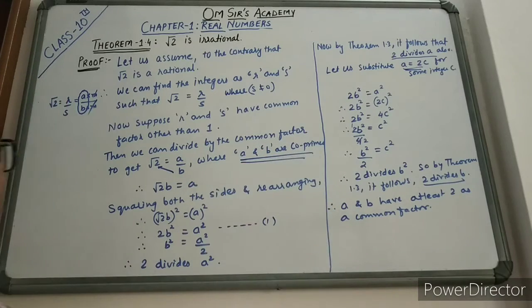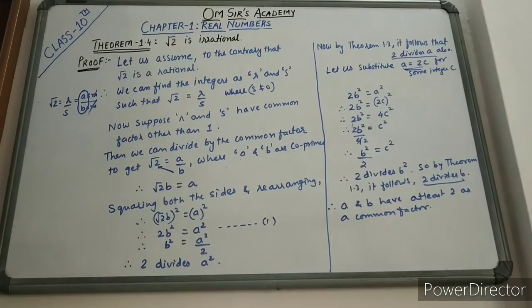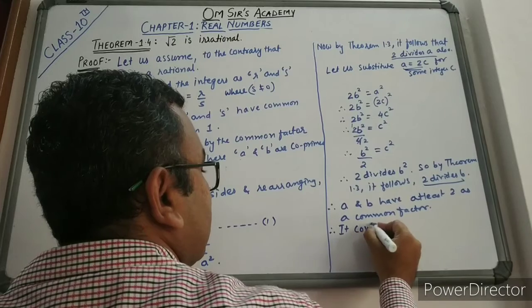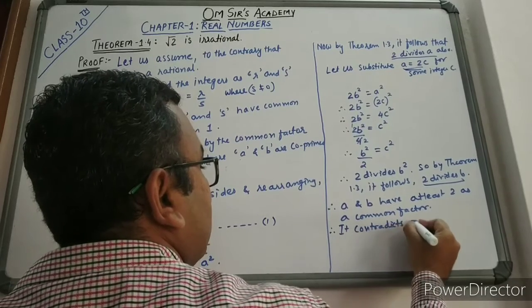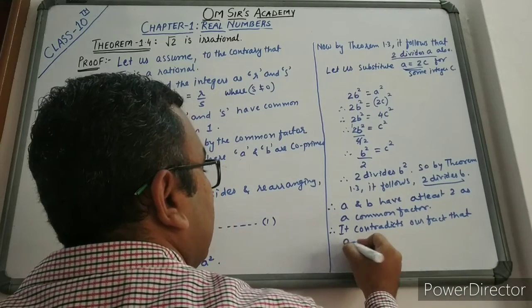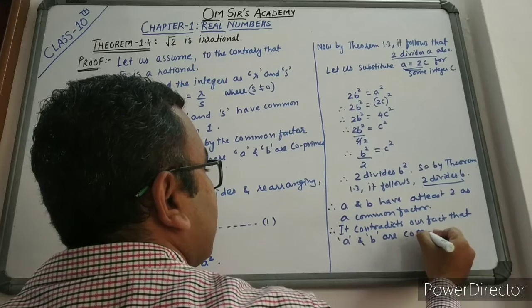What assumption we took? That a and b were coprimes. Okay, so we can say that it contradicts our fact that a and b are coprimes.